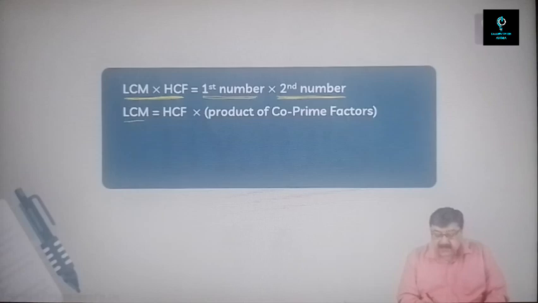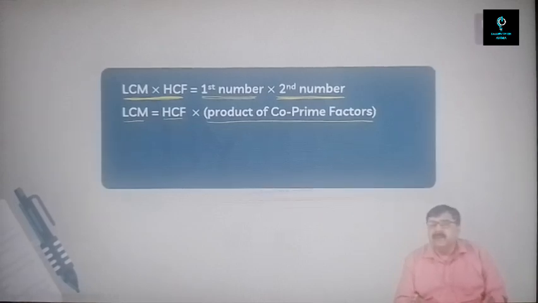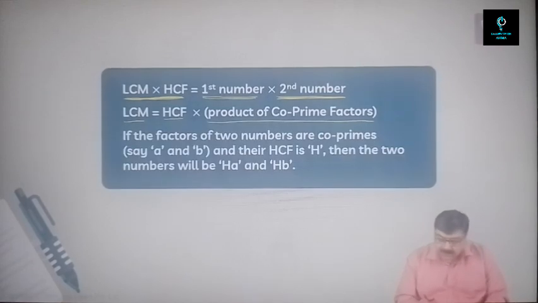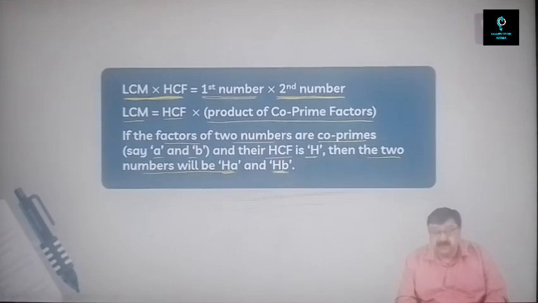Now LCM is also equal to HCF into the product of co-prime factors. Now we will definitely solve questions on each of these concepts, because if the factors of two numbers are co-primes, say A and B, and their HCF is H, then the two numbers will be HA and HB.